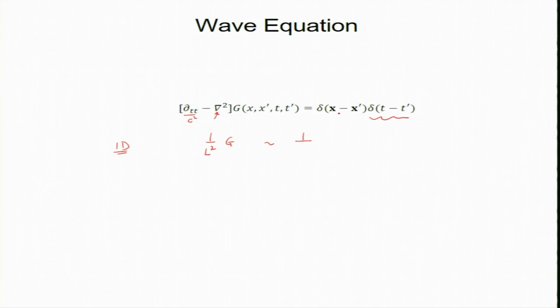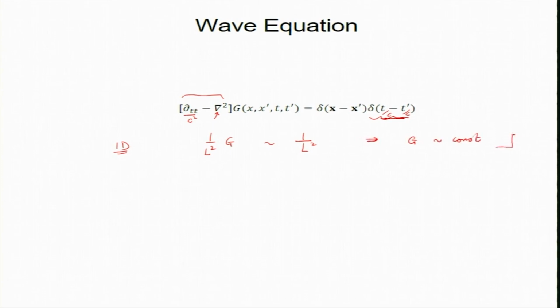The delta will be 1 by L, and we also have t by c, because we have to make everything a space dimension. If you look at textbooks where it is done more carefully, the space dimension is again 1 over L squared. Delta of t by c, you need to convert it to x, because here I want the same dimension. So, that means G is constant.